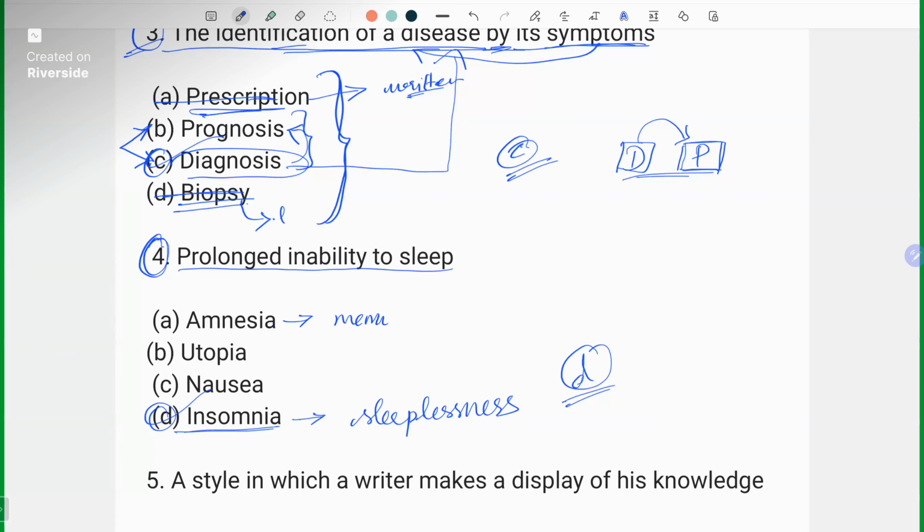Utopia is an imaginary perfect place; that perfect world does not exist. Imaginary perfection. That is utopia. Nausea is the sick, vomiting sensation.